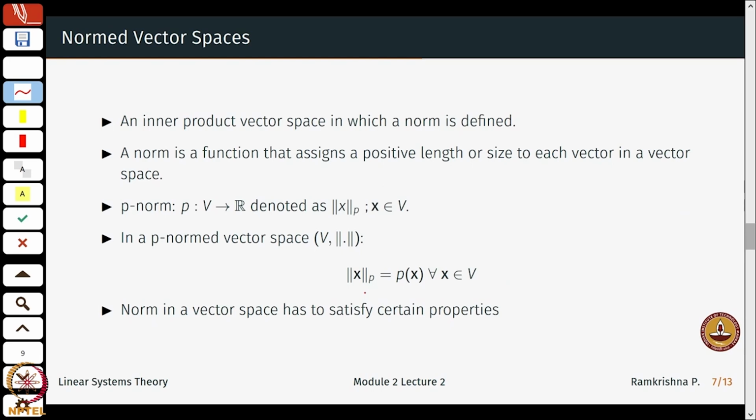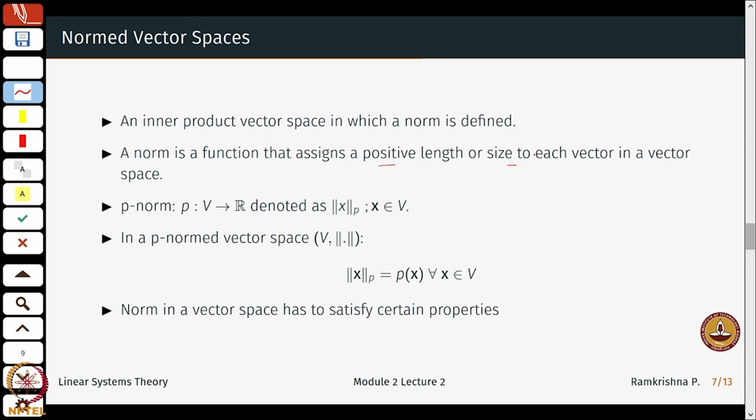The next thing that is important is the idea of a normed vector space. We are just introducing these concepts, and as we go through the lectures, it will become obvious why we are defining so many quantities. We are just learning tools which will be useful to us a little later. A norm is a function that assigns a positive length or size to each vector in a space. Loosely speaking, you can talk about, say in R2, the length of a vector.